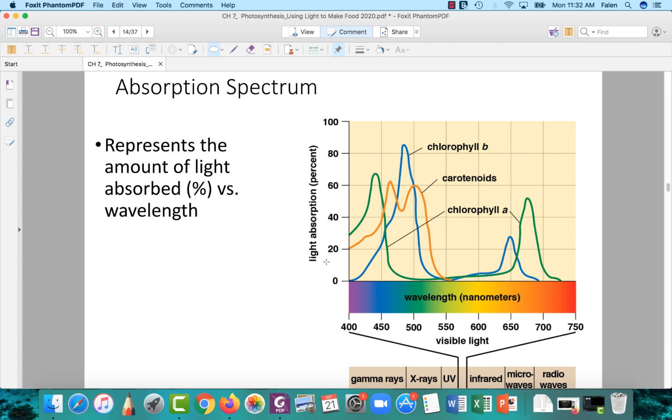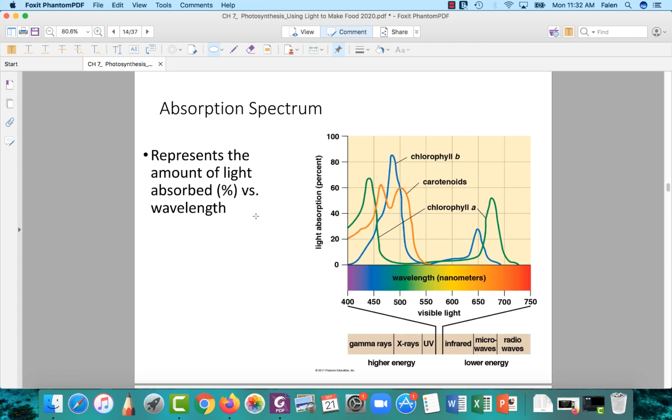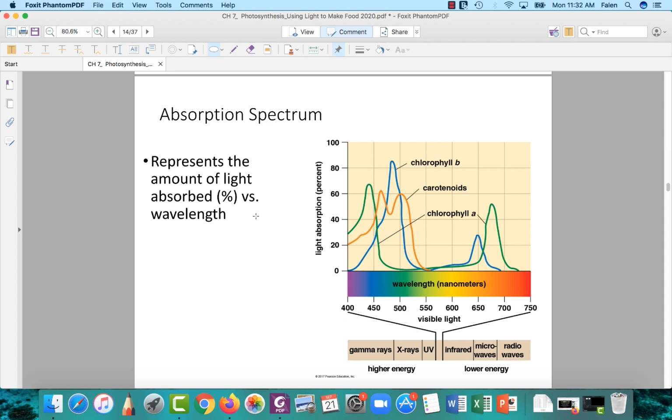We have technology that allows us to isolate pigments like chlorophyll A, B, and carotenoids and run them through a machine and pull up a graph like this. It tells us exactly what wavelengths of light are being absorbed percentage-wise from 0 to 100 on the y-axis, and then on the x-axis, what does it say?